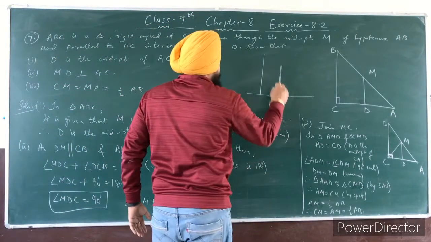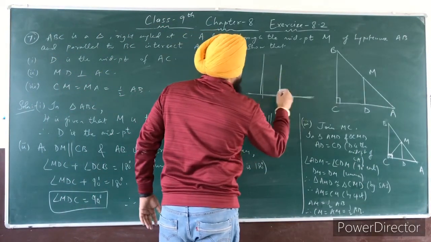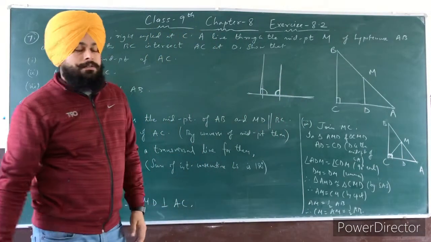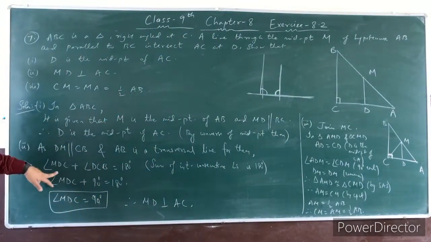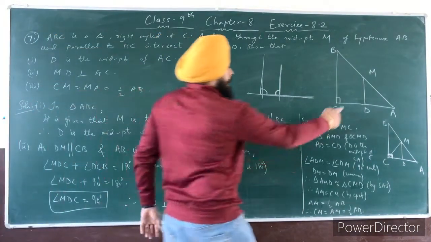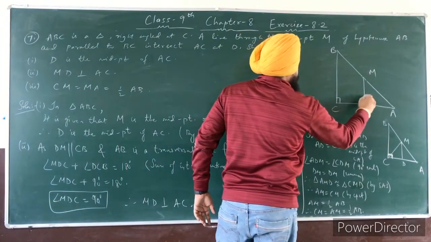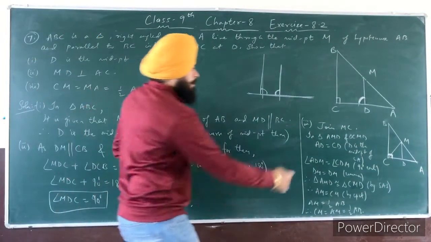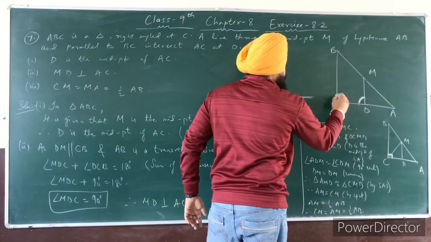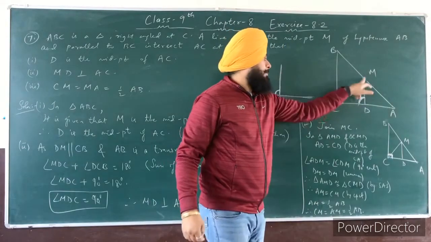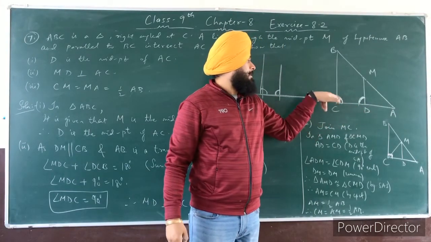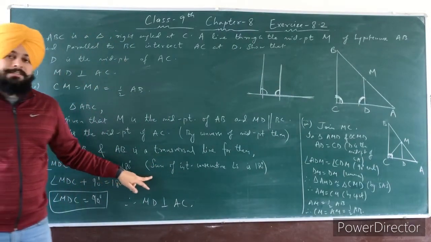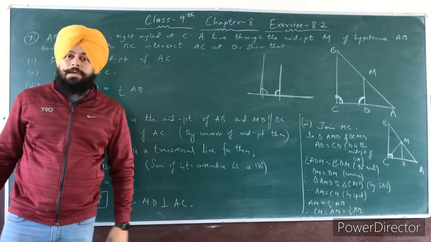So you can write angle MDC plus angle DCB is equal to 180 degrees. The reason is the sum of interior consecutive angles is 180 degrees.